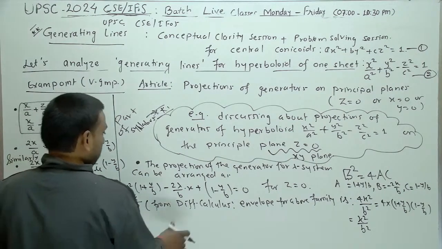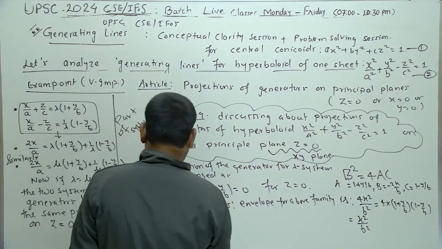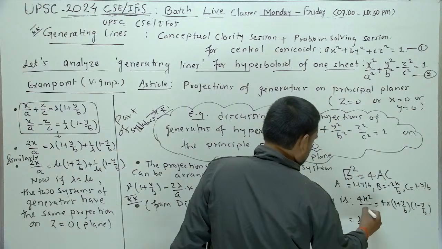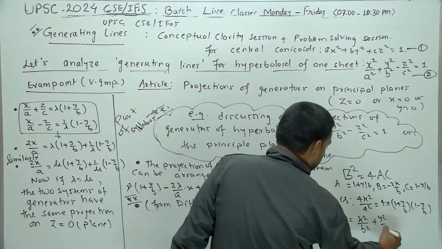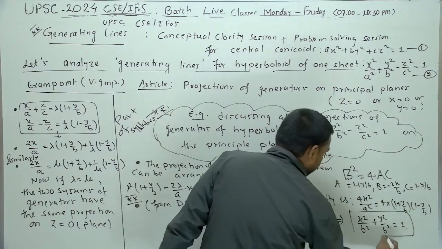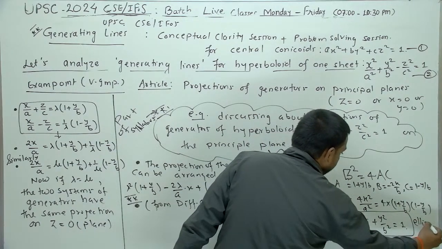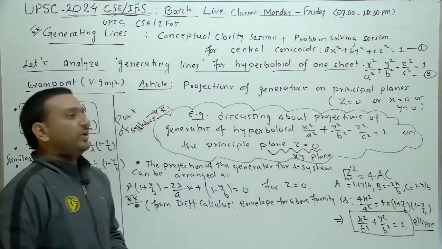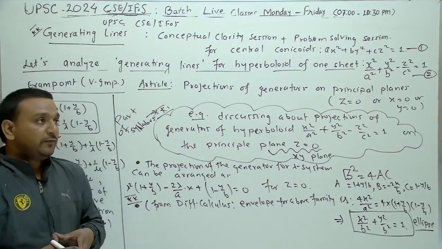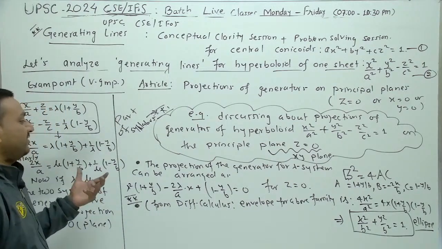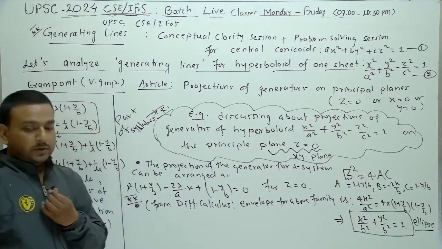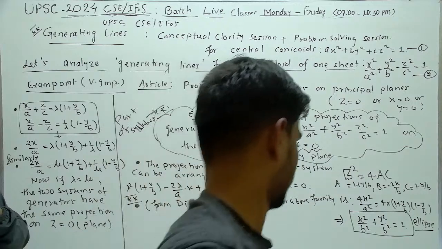Check that from here. So from here we will get this, which is an ellipse. So here is nothing to worry about actually. The point is, if you are in the habit of writing such expressions, then there is nothing to worry about.